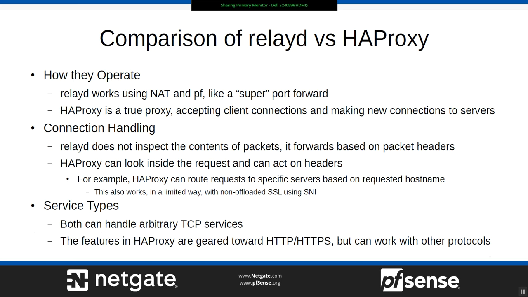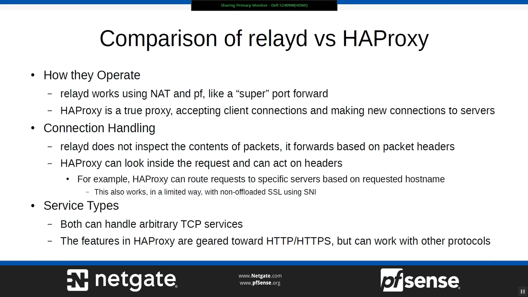Both RelayD and HAProxy can handle arbitrary TCP services. So you can use them for HTTP, HTTPS, mail, pretty much any TCP service out there. Whether or not you'd want to is entirely up to you.